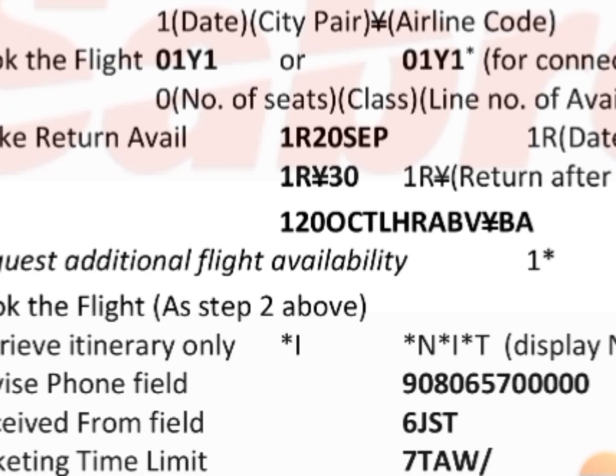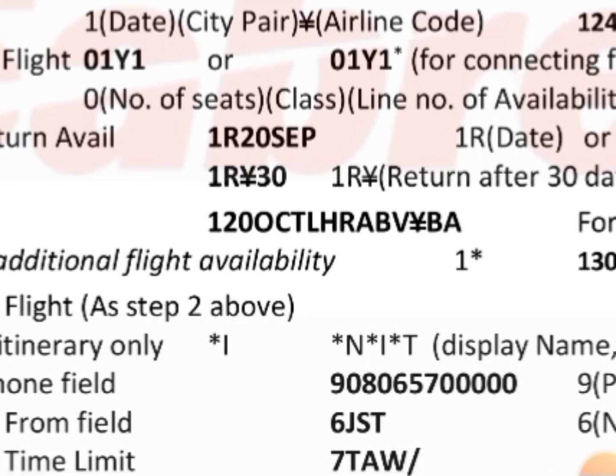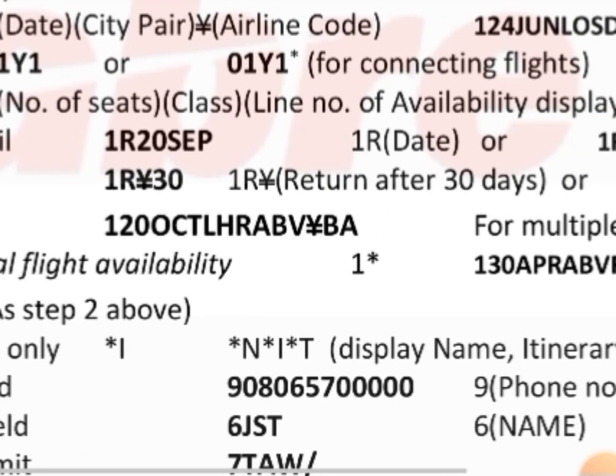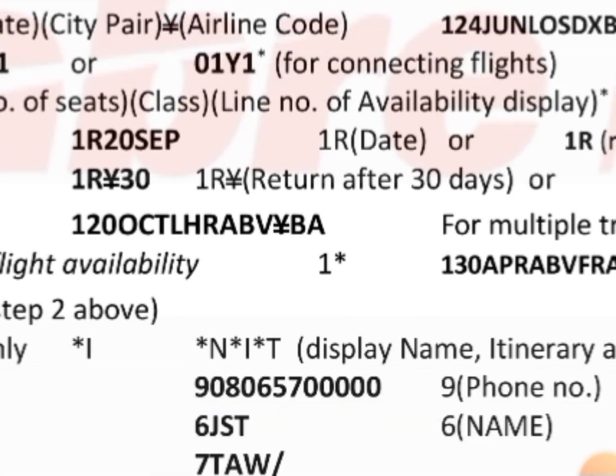So if you want to request additional flight availability, you do 1 asterisk, then you do 1, that's 1 is constant when displaying availability. Then 30th of April, Abuja, Frankfurt. Then close of Lorraine.